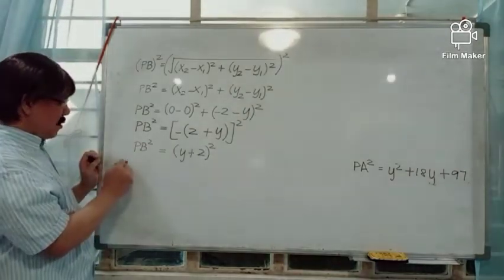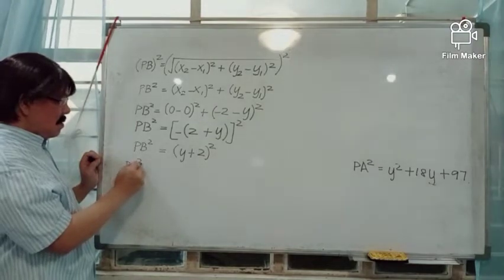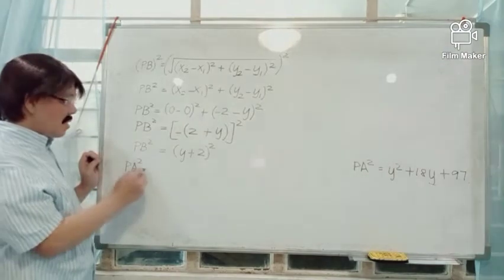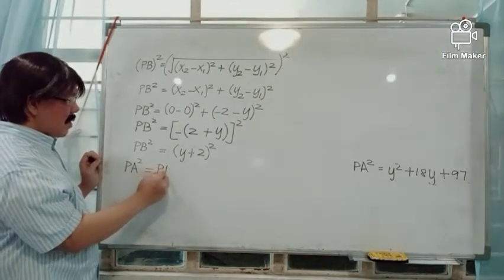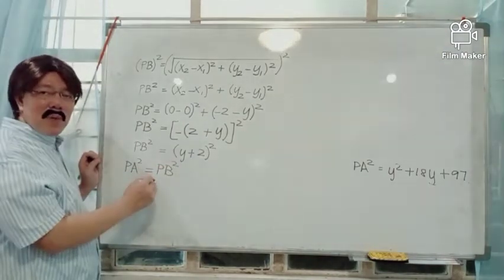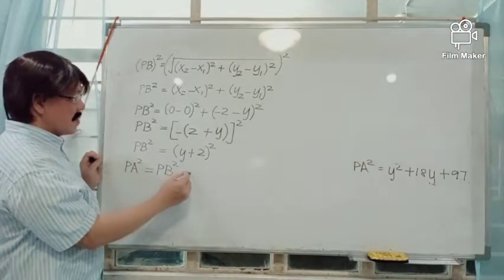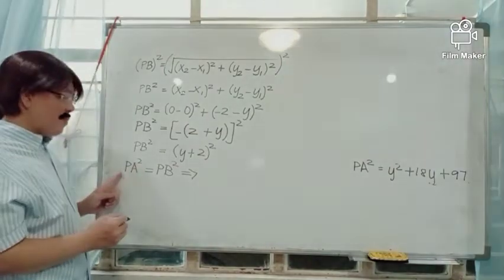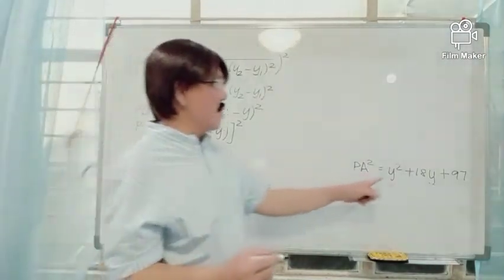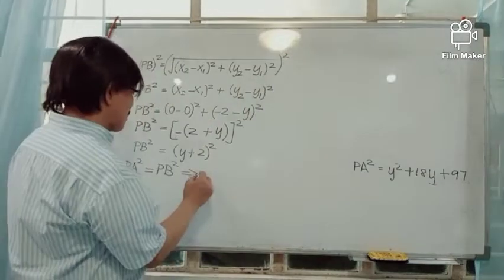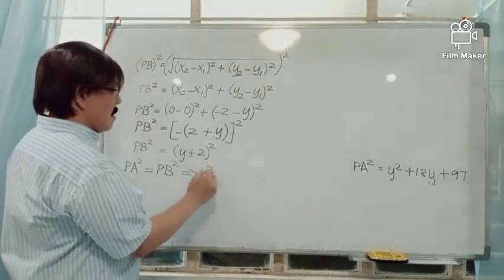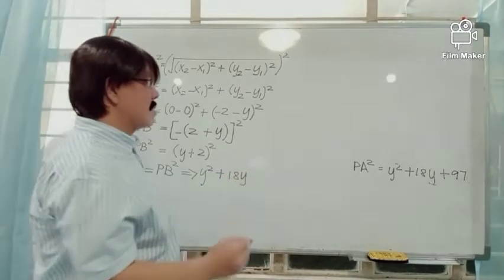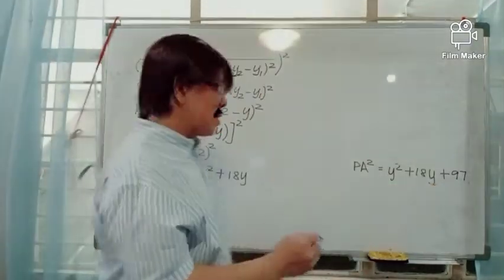Now we write the equation by equating the square of the distance between P and A and the square of the distance between points P and B. Earlier we obtained the square of the distance between the points P and A, and it's equal to y squared plus 18y plus 97.